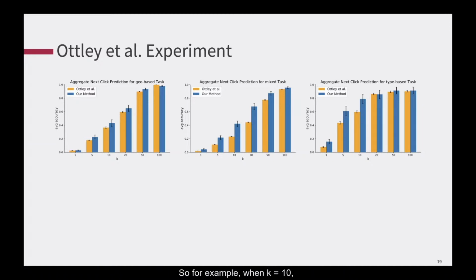So for example, when k is equal to 10, it means that we pick the top k promising points, and the next interaction being a member of that top k interesting points is considered a success. So as shown in the three figures for geo-based, mixed, and type-based tasks, our technique outperforms the Ottley et al. approach, especially for lower values of k.